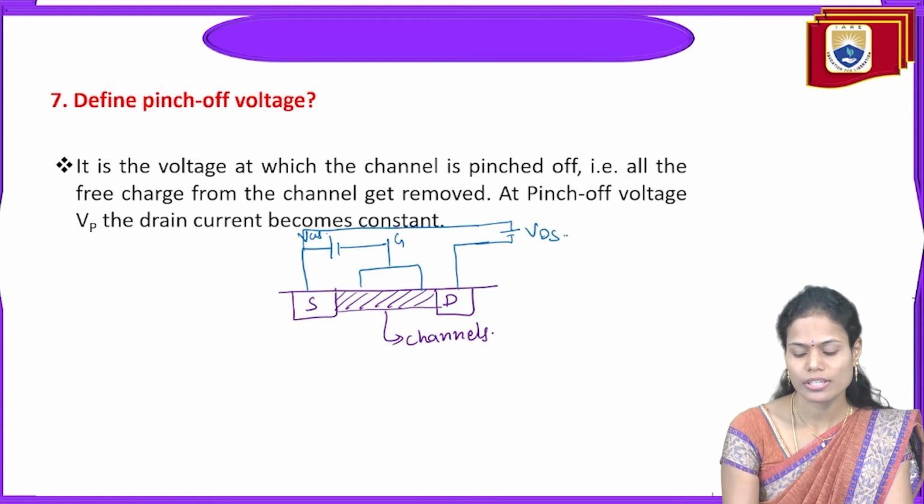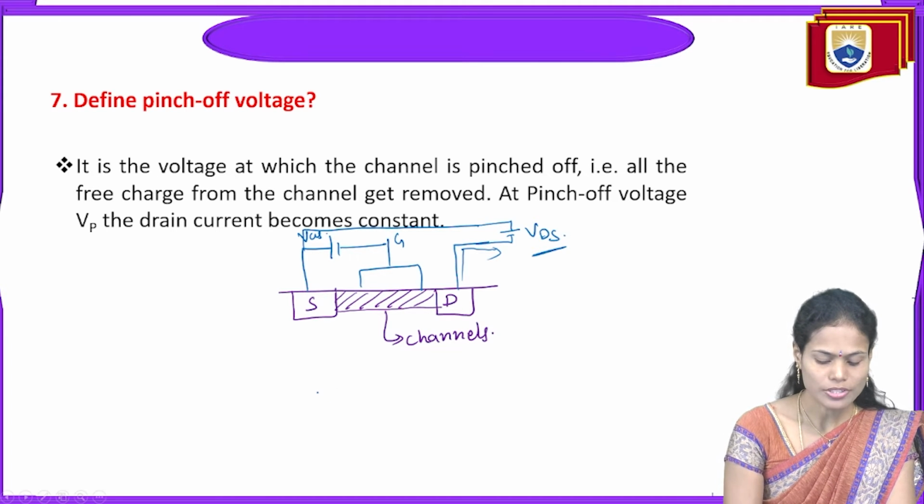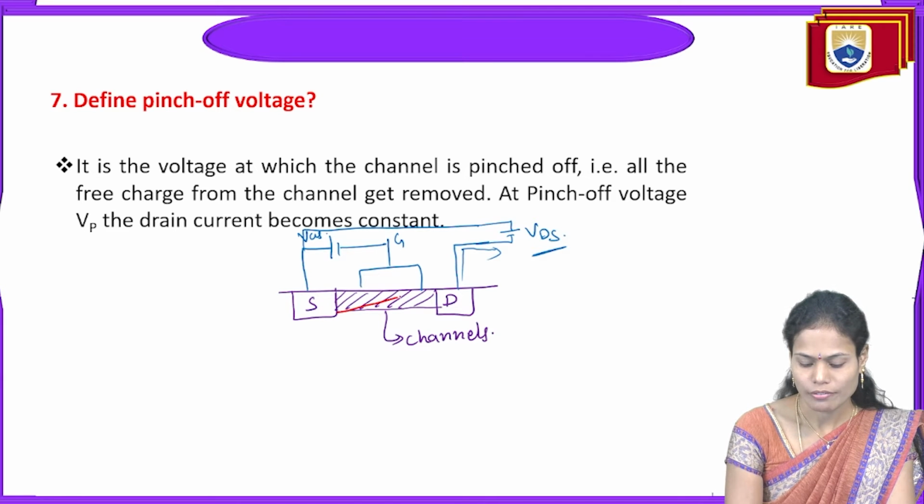But in most cases, the length of the channel depends upon the drain to source voltage only. If the drain to source voltage is increasing, the charge carriers are attracted towards the source terminal from the drain terminal here. So if they are attracted towards the source terminal, the charge carriers reduce in the channel here. Once the charge carriers reduce, the channel will reduce like this.